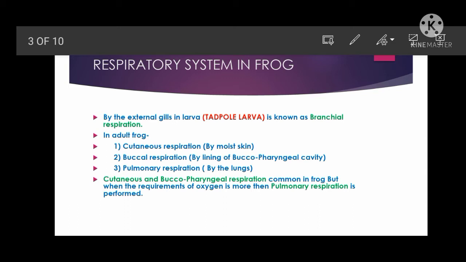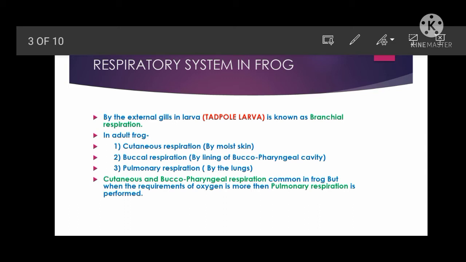Buccal respiration is by the lining of the buccopharyngeal cavity, the buccal cavity. And pulmonary respiration, which is the most common in mammals, is by the lungs.